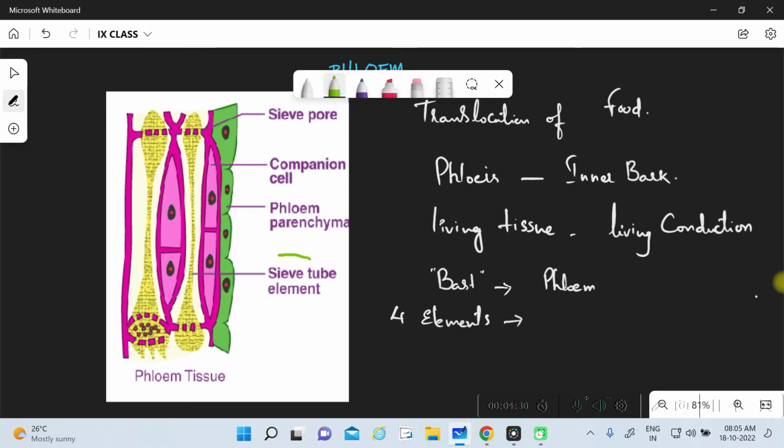So this is one: sieve tube is one element.